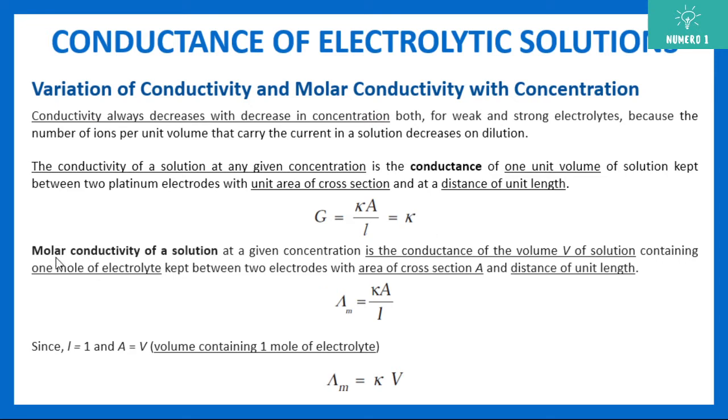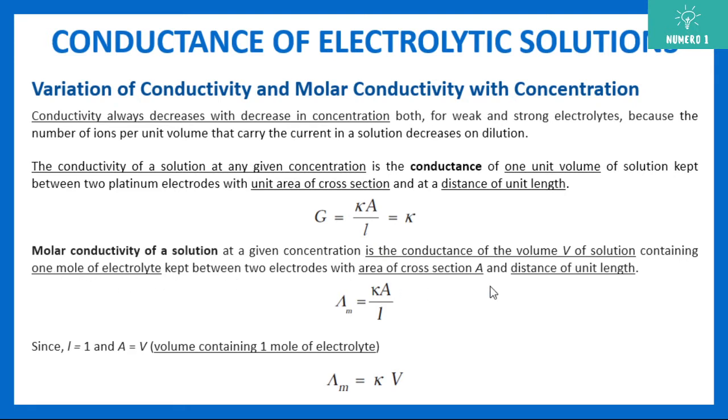Now when we talk about molar conductivity of a solution, molar conductivity at any given concentration is again the conductance of volume V of the solution containing 1 mole of electrolyte. So here there is 1 mole of electrolyte which is kept between two electrodes with the area of cross section A. Here the area of cross section is not 1 unit. The 1 unit here is 1 mole of electrolyte.